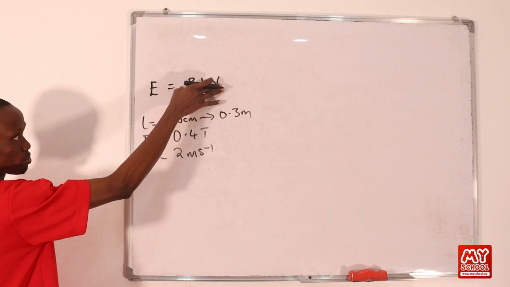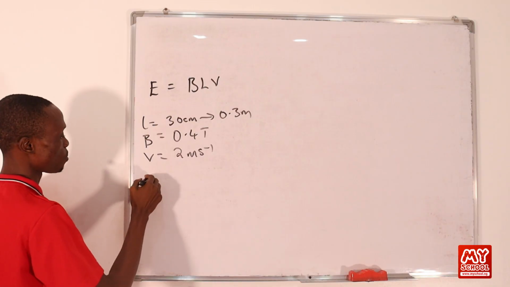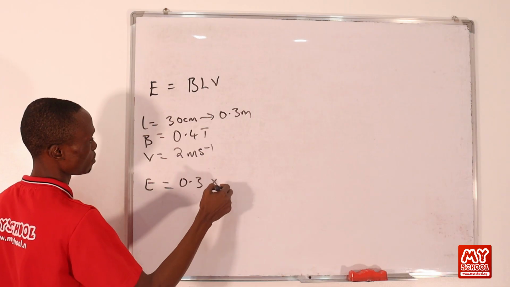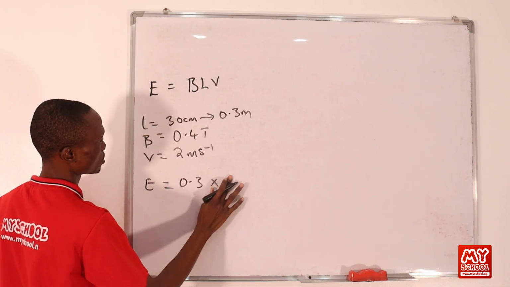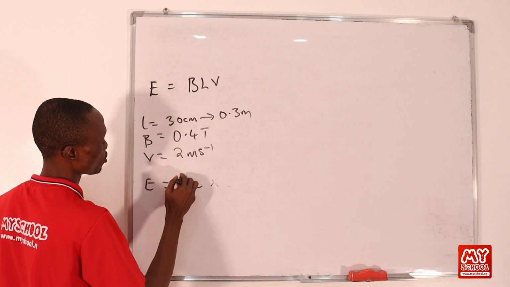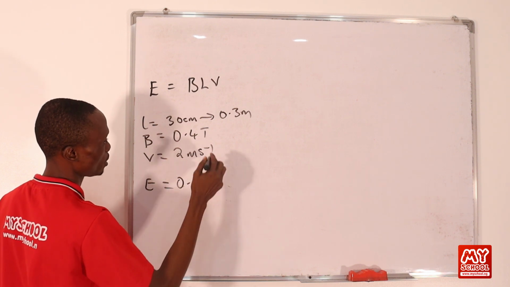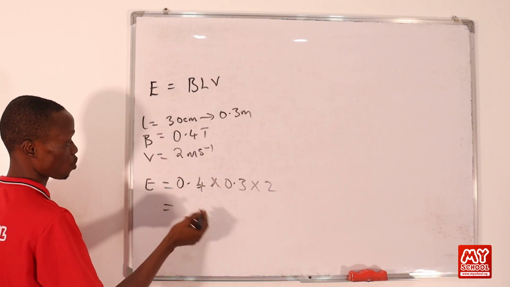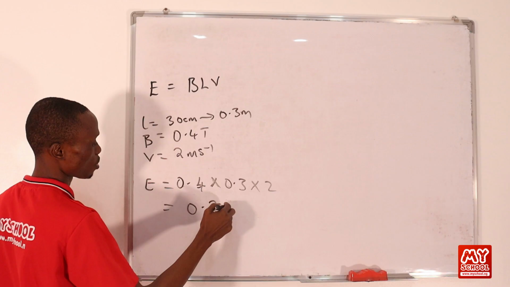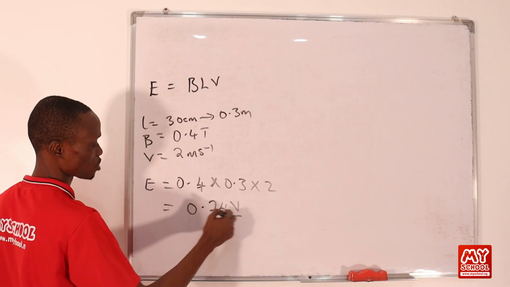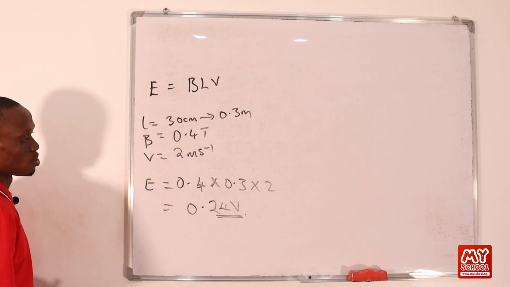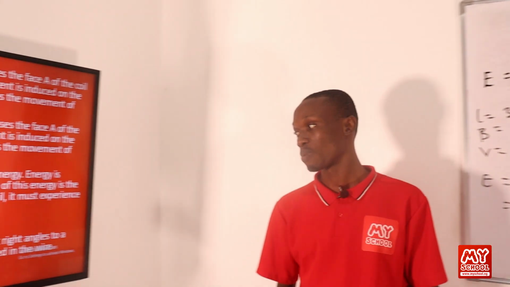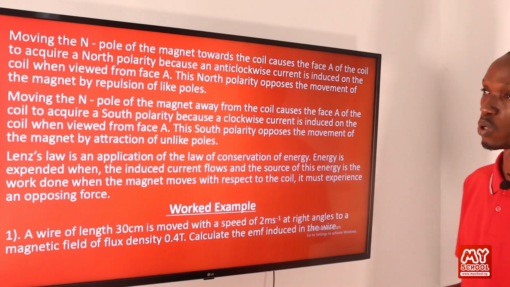So these values we will just substitute into the formula. So E will now be equal to 0.4 times 0.3 times 2, which will be equal to 0.24 volts, right? Since we are talking about EMF. So this is the value of the induced EMF. So let's return back to the screen to continue with our lesson.